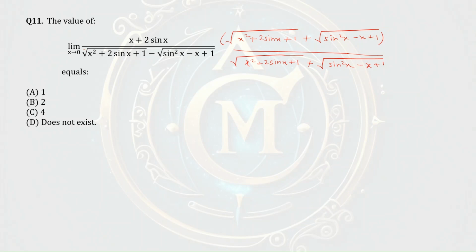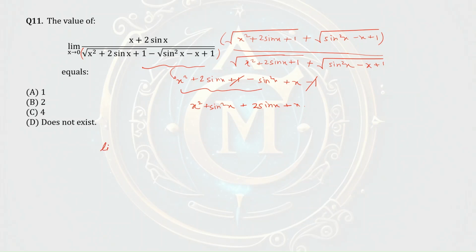So now this denominator can be simplified as x square. This becomes x square plus 2 sine x plus 1 minus sine square x plus x minus 1. So these get cancelled, and this whole term becomes x square plus sine square x plus 2 sine x plus x.